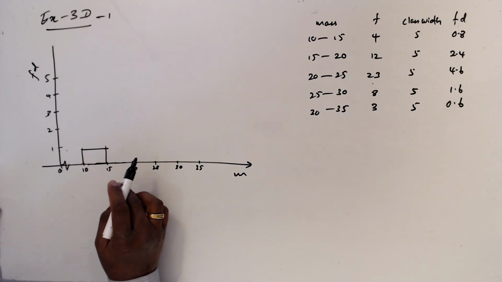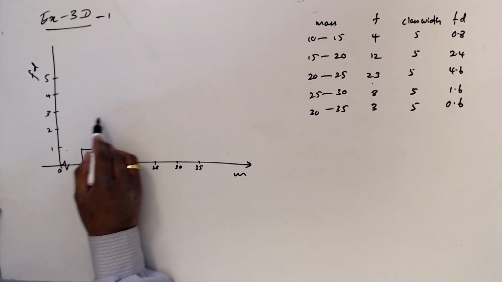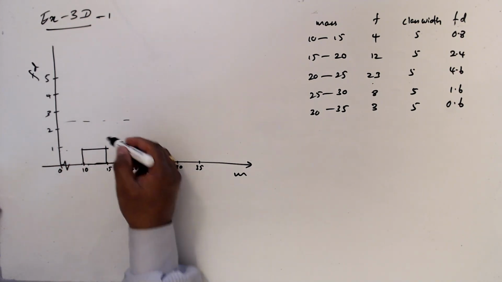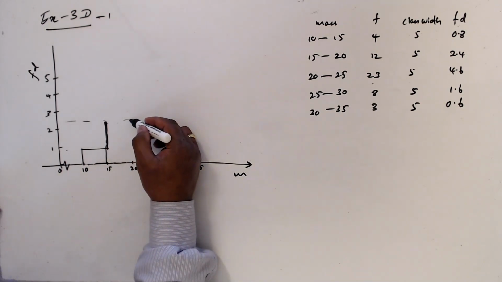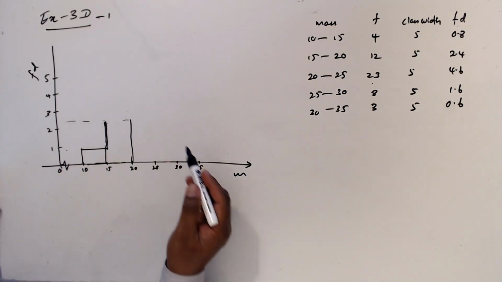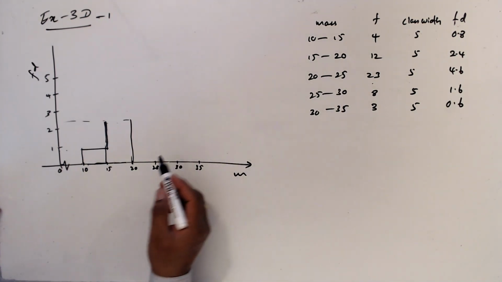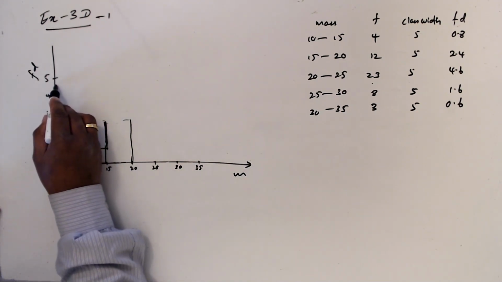Then 15 to 20, 2.4, somewhere here. And then 20 to 25, 4.6, somewhere here, 4.5.